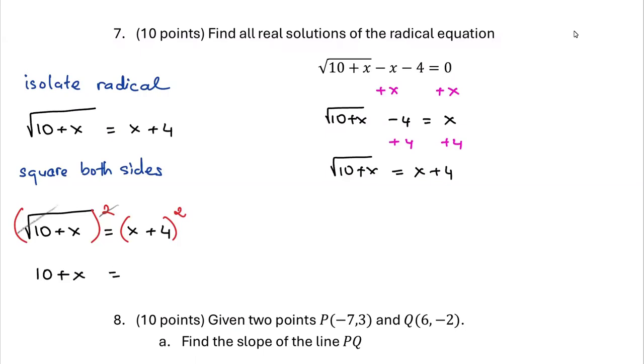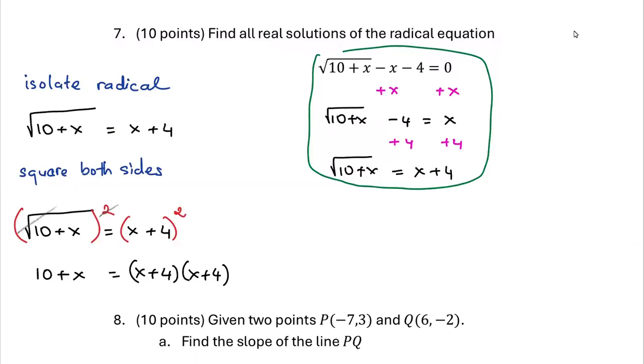equals, on the other side, x plus 4 squared, that is x plus 4 times x plus 4. And I need to do the foiling for that. So before doing it, let me separate this guy. I don't want that to be confusing.